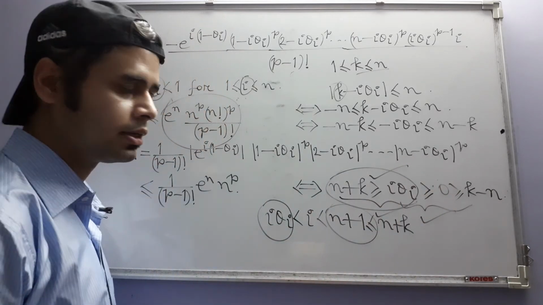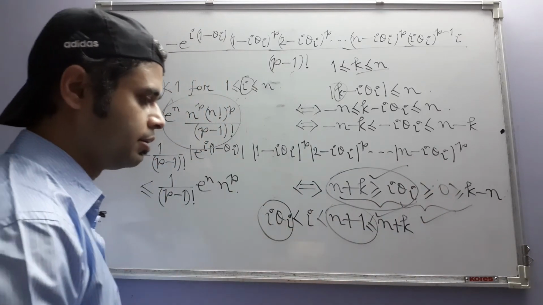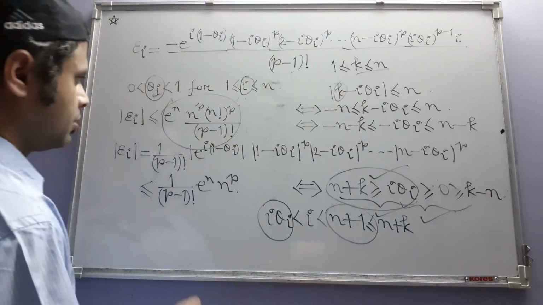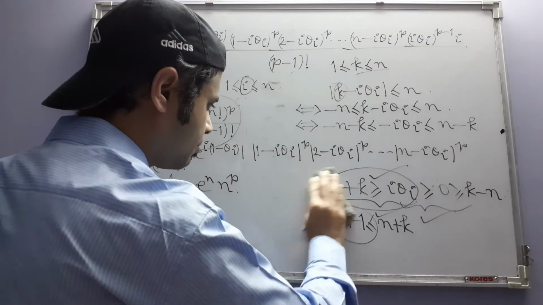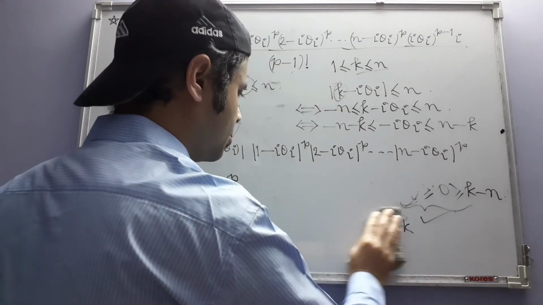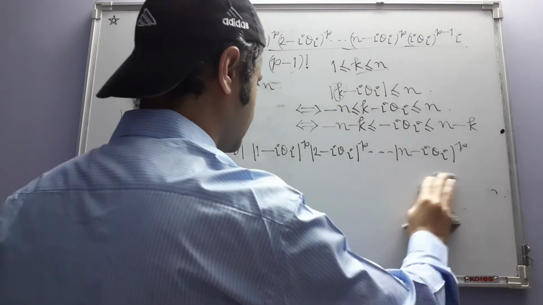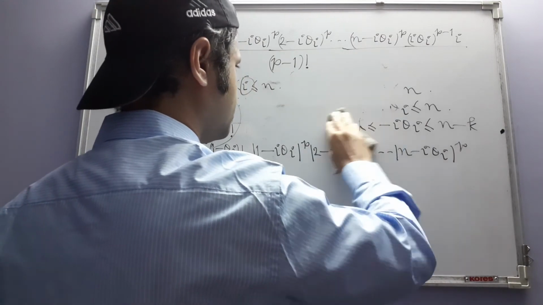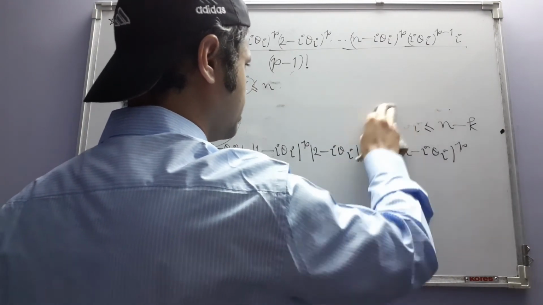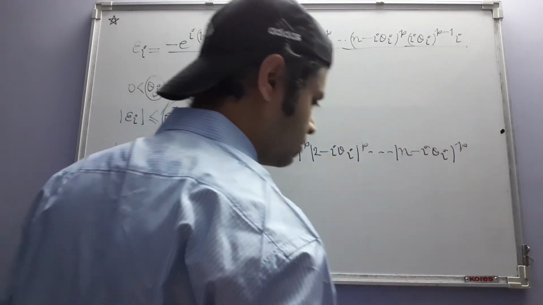In each one of them we can write n. So the bound we have here will now change. But will that bound be useful? That is another question. Let's just take one step at a time and see how far we can go.